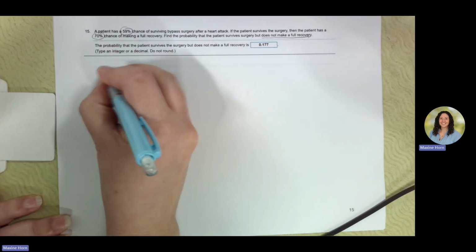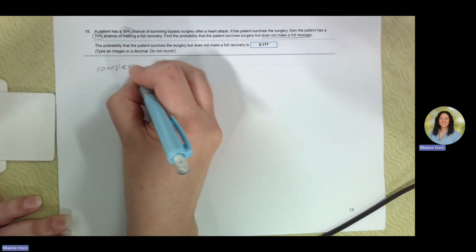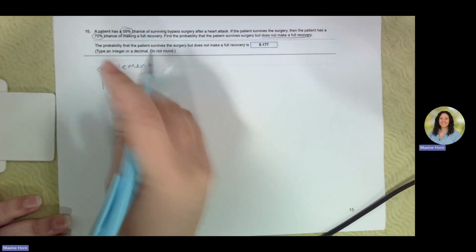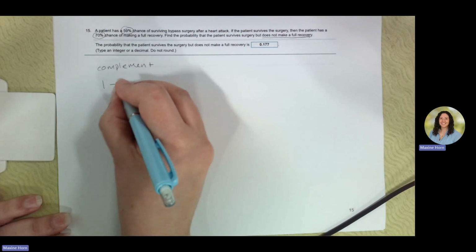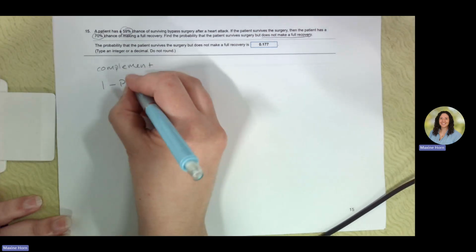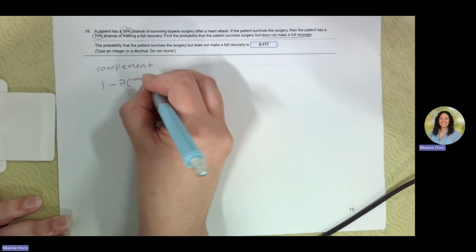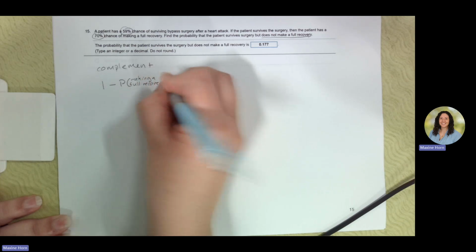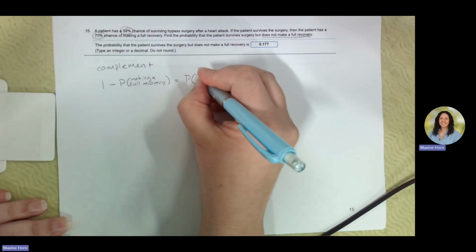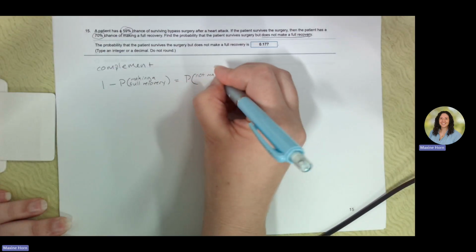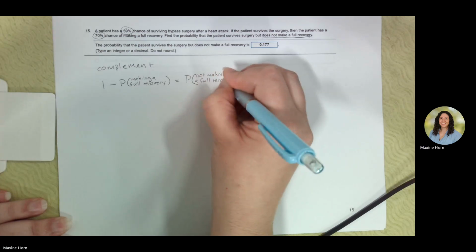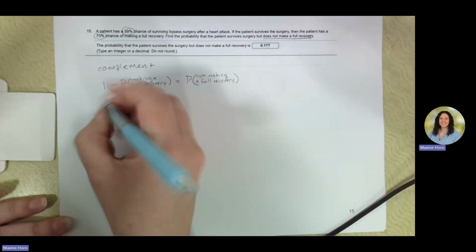So we're going back to, we talked about this a little bit before, the complement, right? So I'll write it like this: 1 minus the probability of making a full recovery is the complement of that, the probability of not making a full recovery, right?